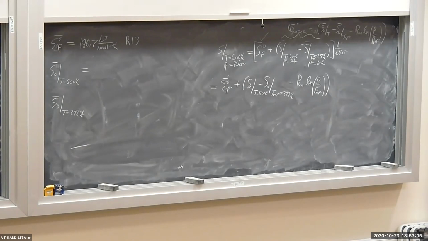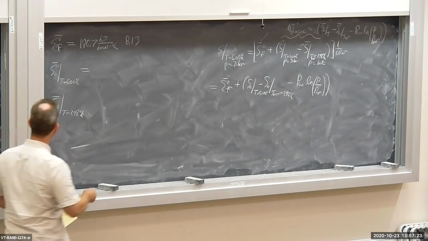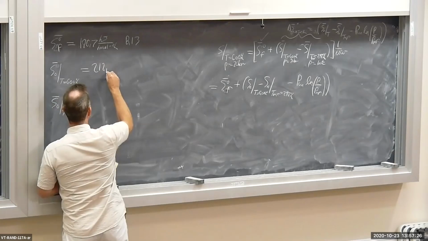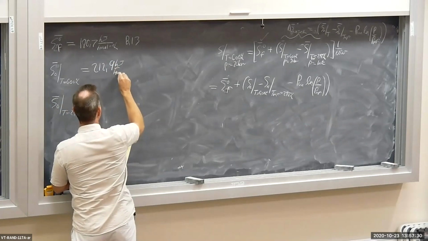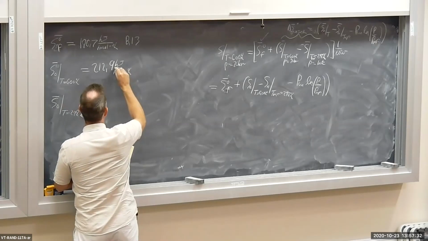I'm sorry, the S naught for, let's see here. So we had 212.9 kilojoules per kilomole degree Kelvin.